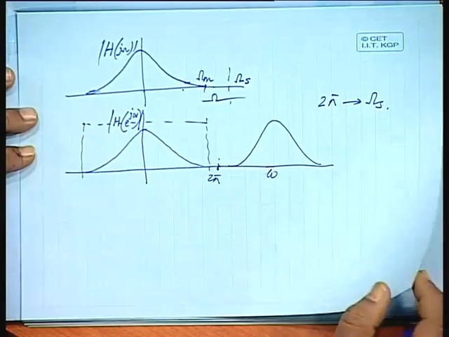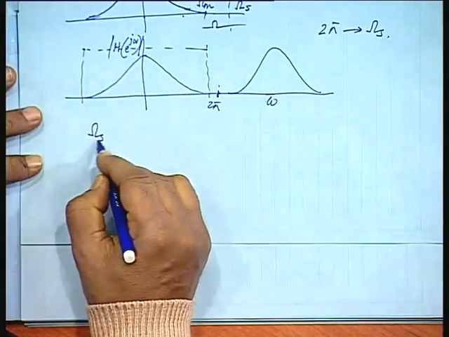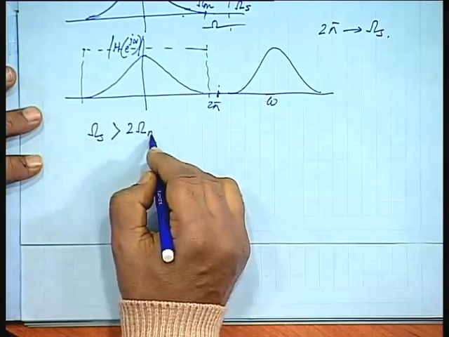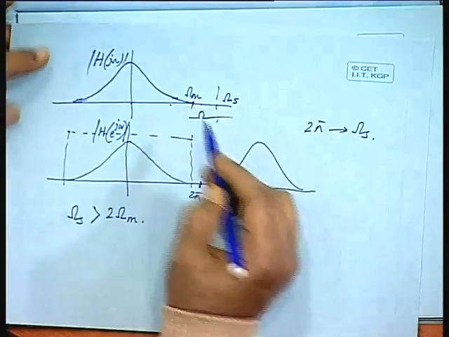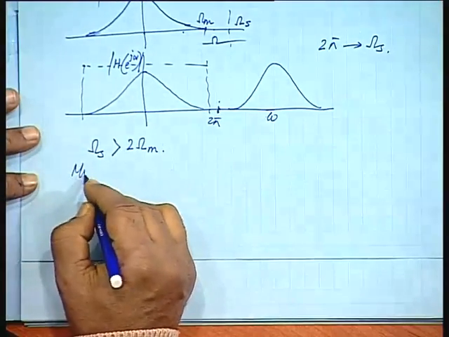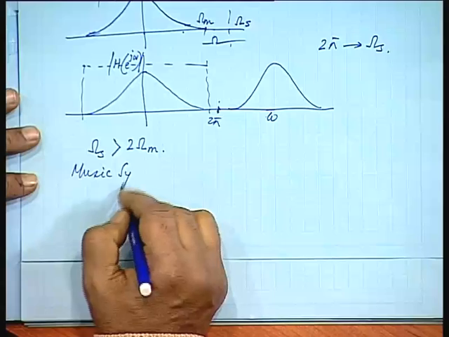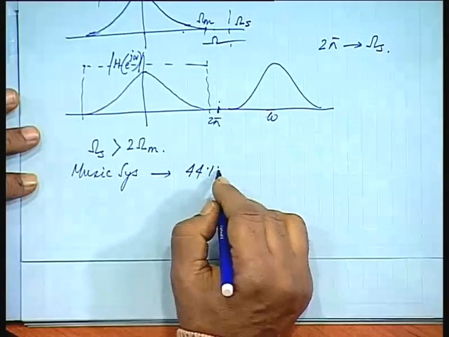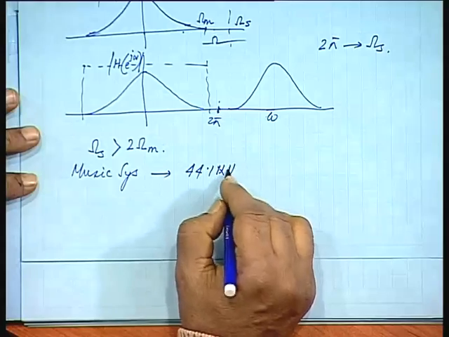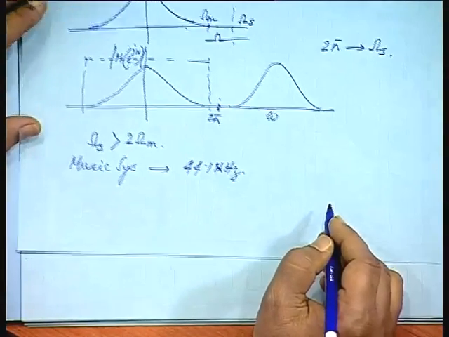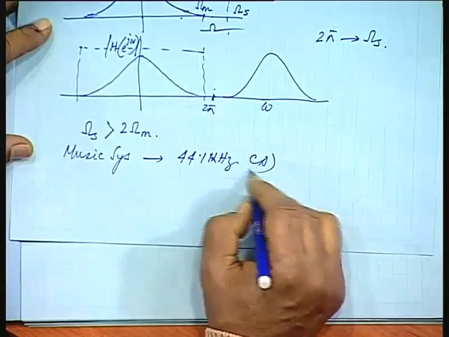So, Nyquist frequency criteria suggests that the sampling frequency should be at least 2 times the maximum frequency that is present in the signal. Now, for example, for music system 44.1 kilohertz is the frequency of sampling that we use for CD, compact disc.